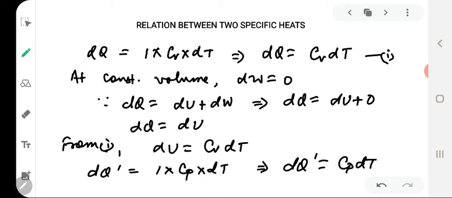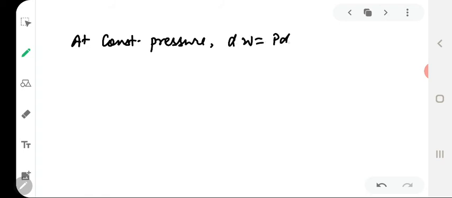Now the heat supplied at constant pressure increases the temperature of the gas by dT, that is, increases its internal energy by dU, and as well as enables the gas to perform work dW. So if the corresponding increase in volume of the gas is dV, then work performed dW is equal to P dV.